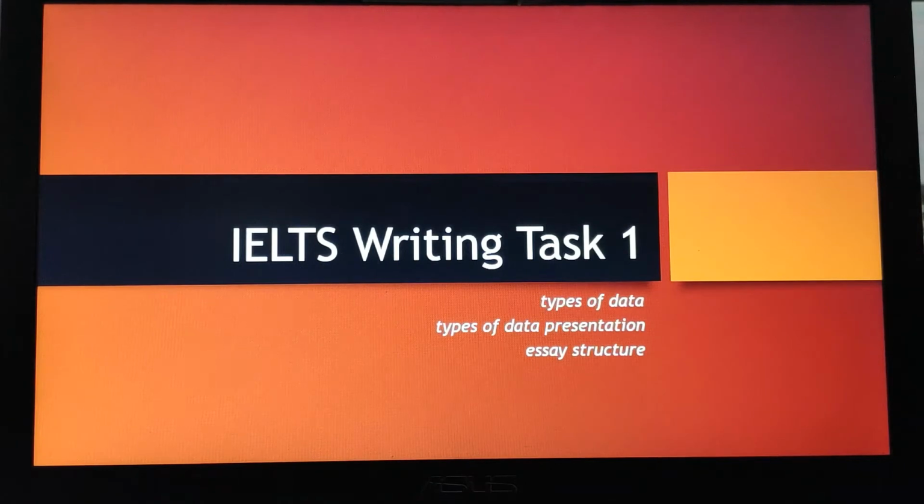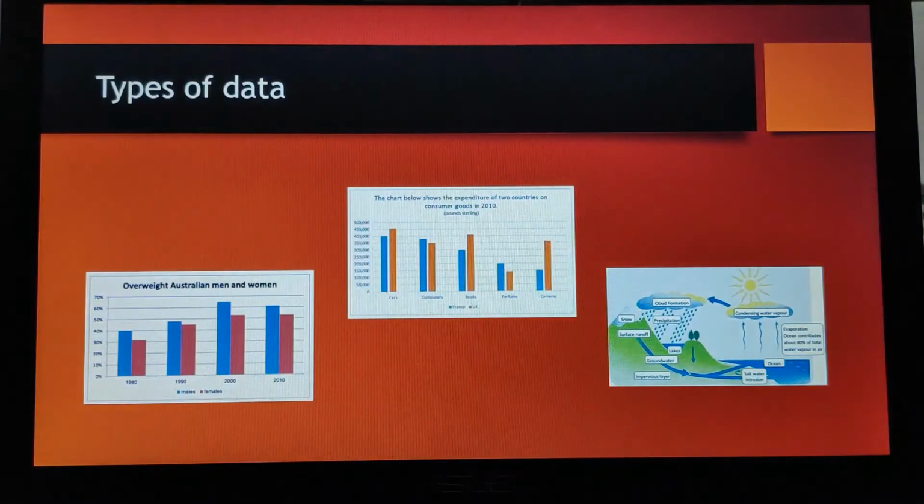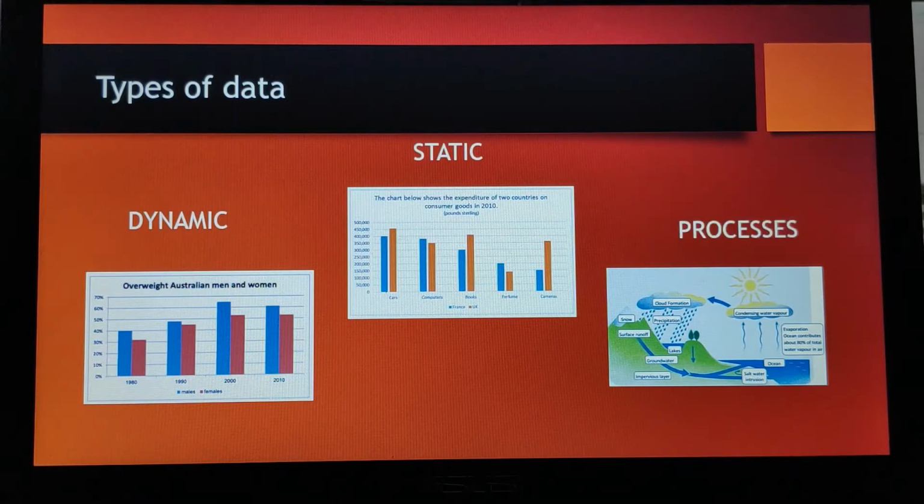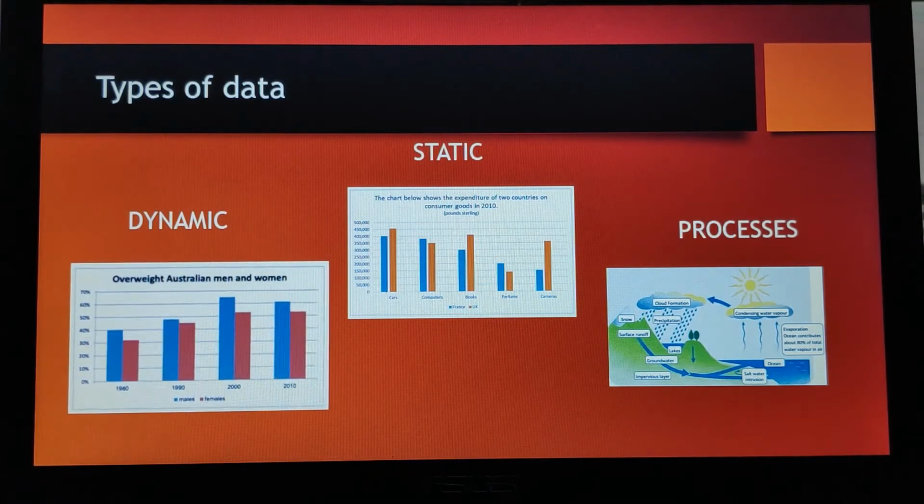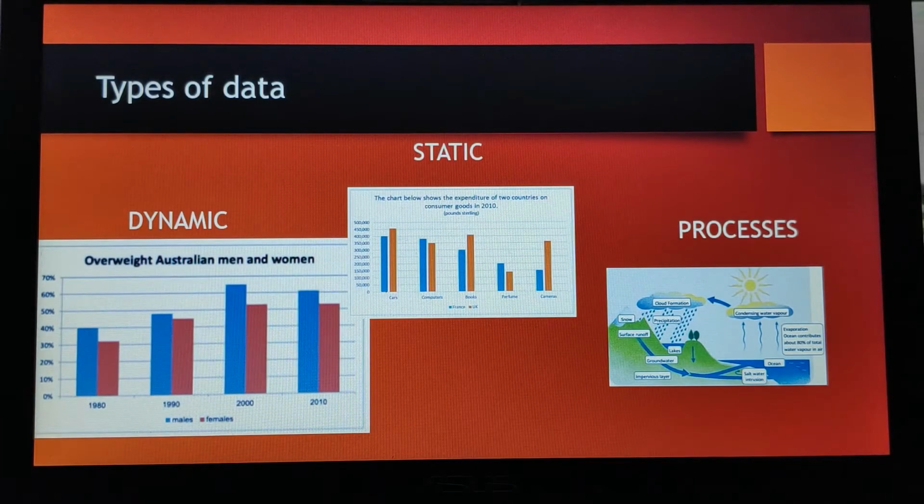Writing task 1. So today we're going to talk about types of data presentation and essay structure. Usually there are 3 types of data: dynamic, static, and processes. So dynamic. Why is it called dynamic? Because it shows the same data but in different periods of time, the changes of the same data in different periods of time.